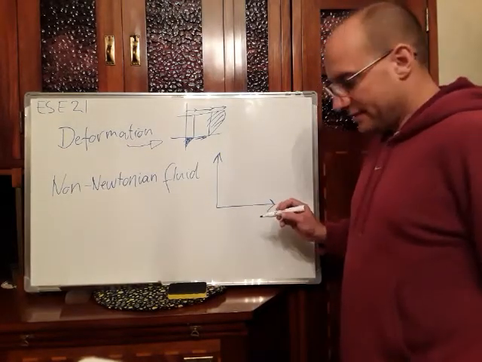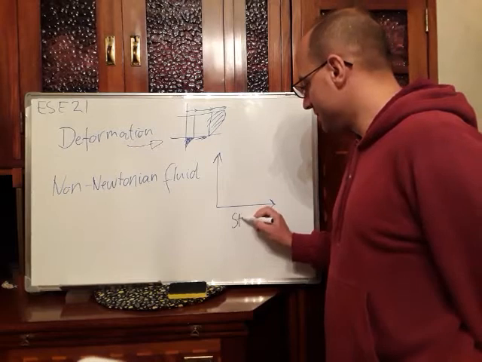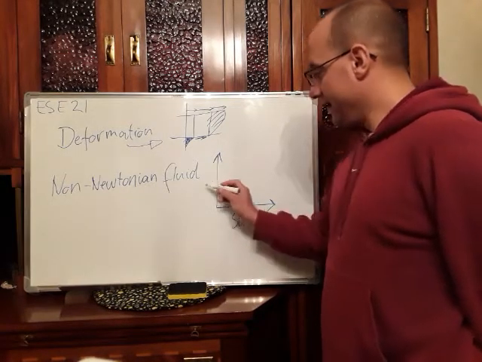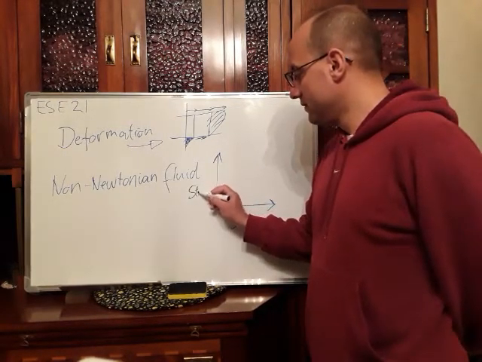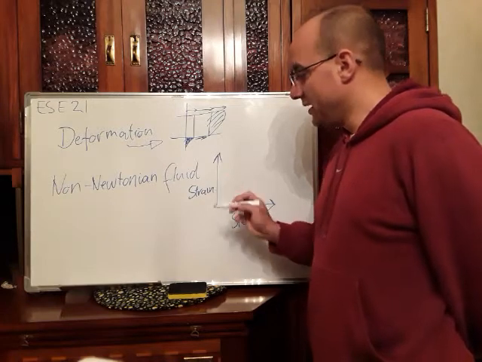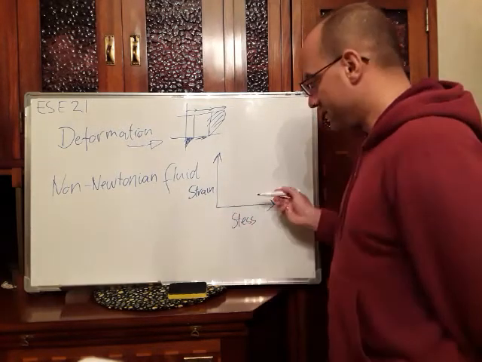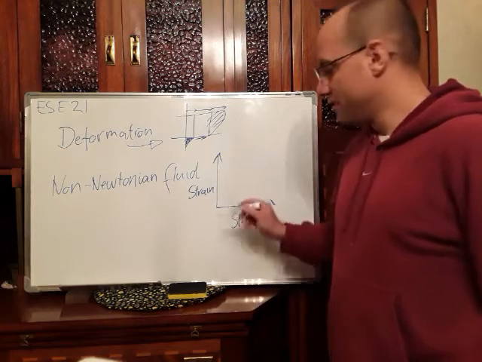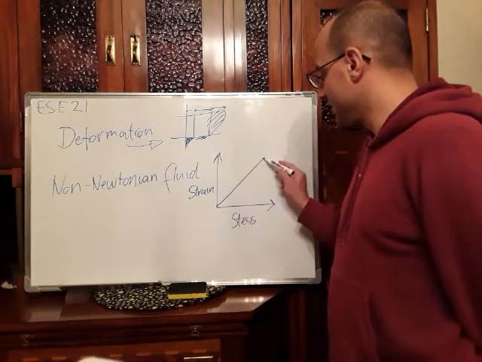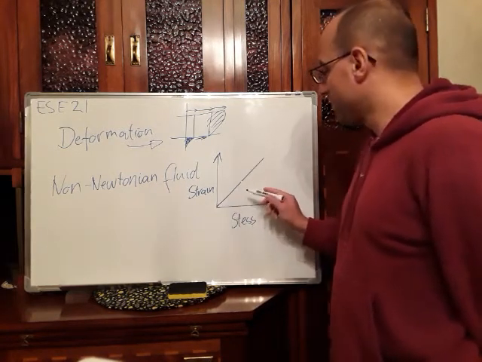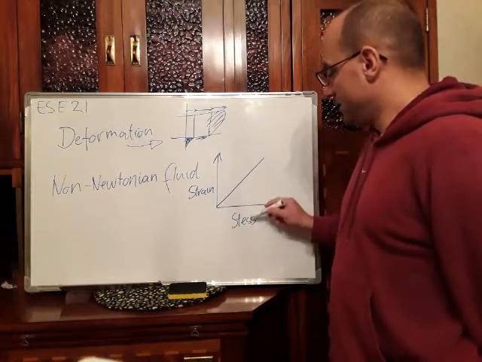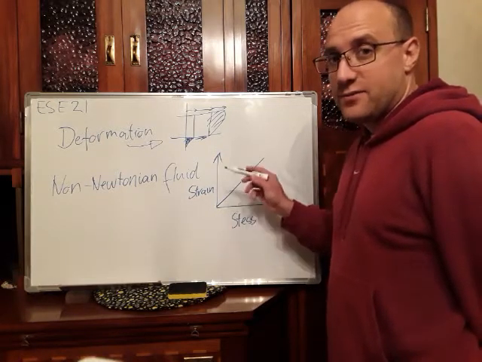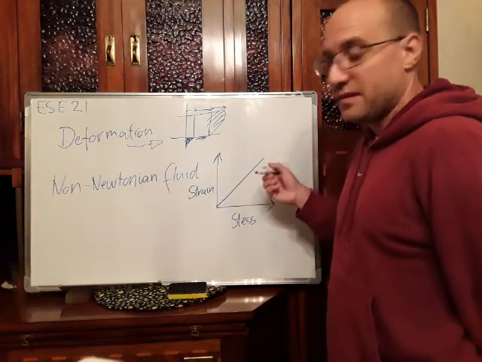where we said that the stress and the strain will be in some kind of relationship. So the strain rate and the stress rate for water will be something like this. Independently from the amount of stress, the strain rate will be the same.